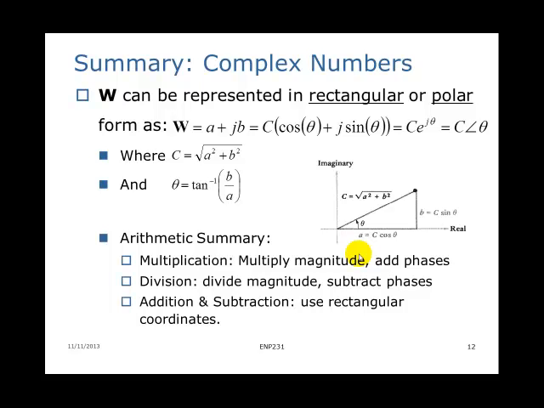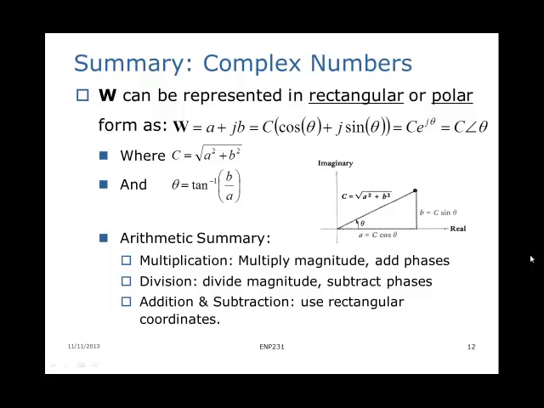And the connection between the two is that the real part a is c cosine theta, and the imaginary part b is c sine theta, where c is related to a and b according to the square root of a squared plus b squared, and where theta is related to b and a as the arctan of b over a.